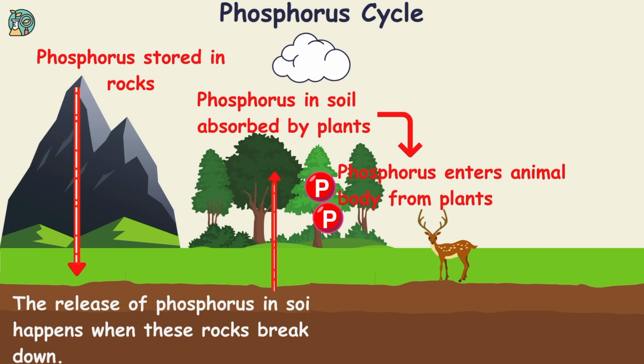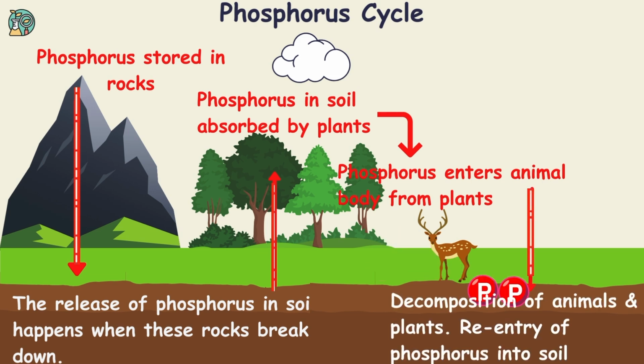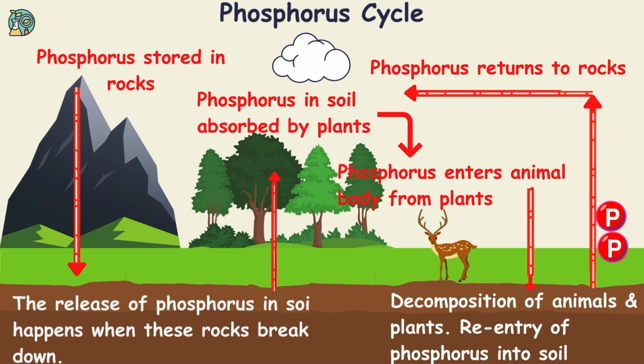After that, the animals eat these plants and thus the phosphorus enters the animal body from the plants. The fourth stage, that is the decomposition of animals and plants, helps the phosphorus to re-enter into the soil. This phosphorus in the soil, after a long process of sedimentation, returns back to the rocks again.